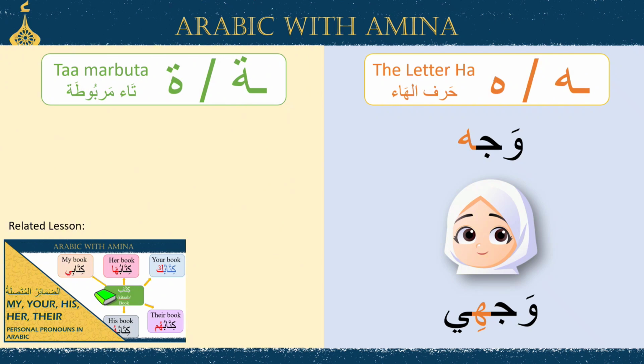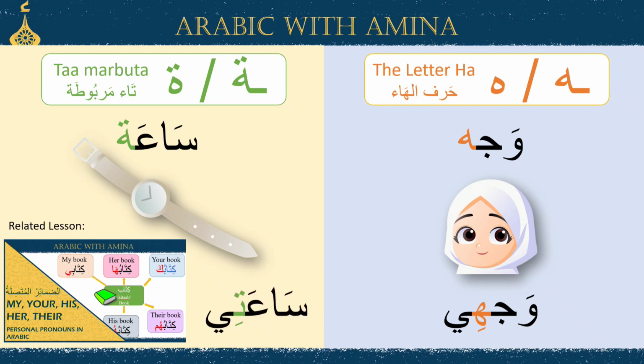Now, let's try it with a word ending in ta marbuta, like the word sa'a, watch. To say my watch, sa'ati. Notice how the ta marbuta transformed into a clear ta, whereas the letter ha remains the letter ha.